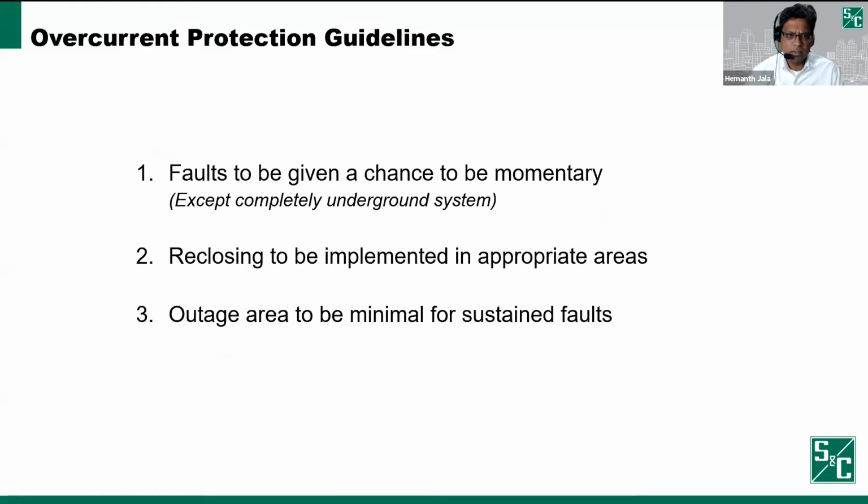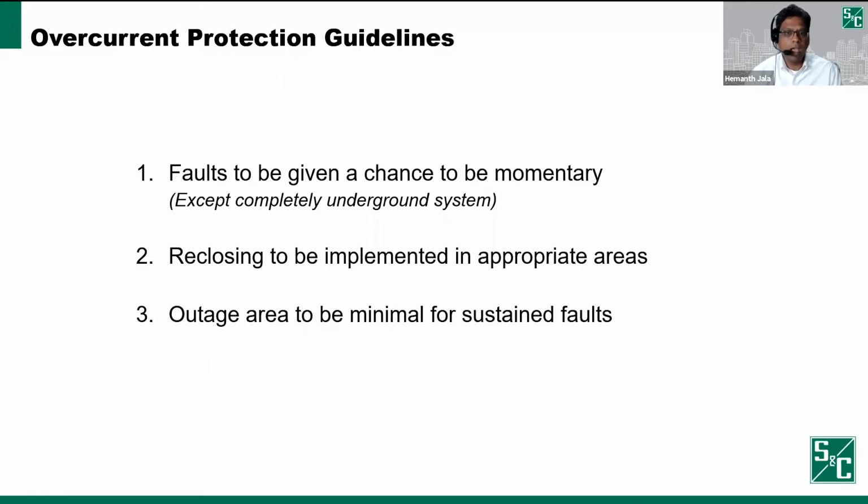Here are the next few slides. We'll talk about the overcurrent protection general guidelines. The three guidelines that are listed up here are very commonly used. The first one is you want to give the faults on your system a chance to be temporary or momentary. So when a fault happens, you don't want to treat it like a permanent fault all the time, but you want to treat it like a temporary fault, except when it's a completely underground system.